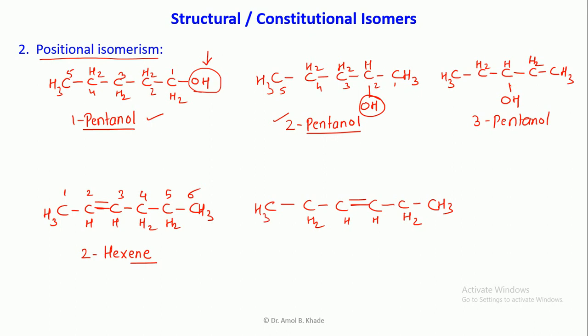You can give the numbering in either way. So this will be 1, 2, 3, 4, 5 and 6. So in this case the name will be 3-hexene, or hex-3-ene. So I can say 2-hexene and 3-hexene are positional isomers of each other because the position of the double bond has been changed, though the molecular formula for 2-hexene and 3-hexene remains the same.